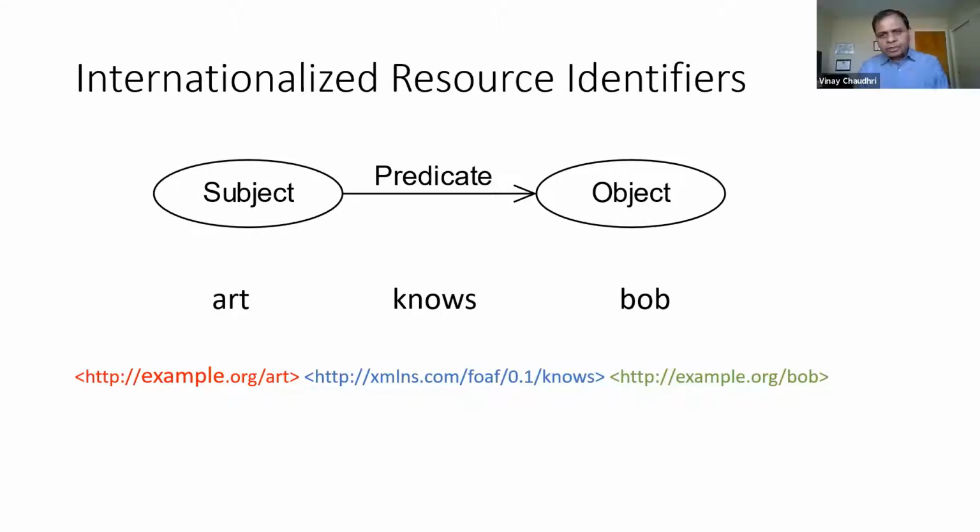Similarly, Bob has an IRI corresponding to him, and then for the predicate knows, we have defined an IRI. The basic idea behind these is that anybody who has to use these objects on the web can use them using these IRIs, and any data source which is serving these IRIs could potentially also provide additional details and definitions about each of these objects when they are queried.